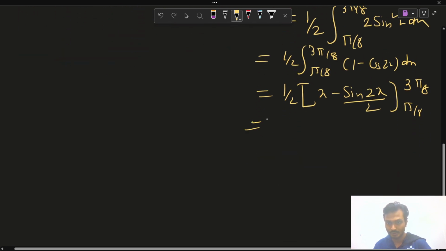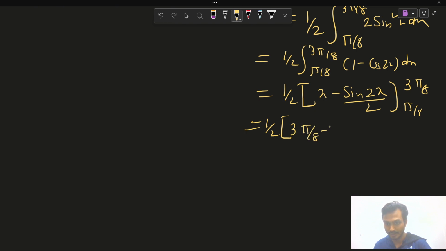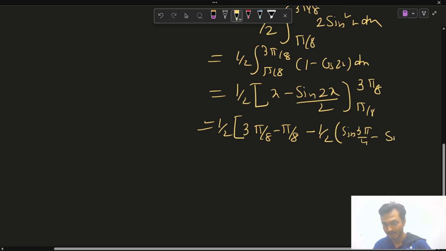Now this equals half into, when we put in the limits, 3 pi by 8 minus pi by 8, minus 1 by 2 into, when we put in 3 pi by 8, sine 3 pi by 4 minus sine pi by 4.